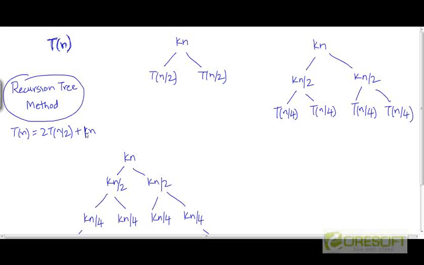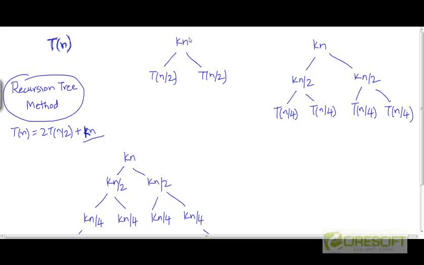Actually, let me make this K instead of C because I've already incorporated the constant K over here. But instead of just replacing T of n by twice of T of n by 2 plus K times n, we will depict it diagrammatically in the form of this tree.